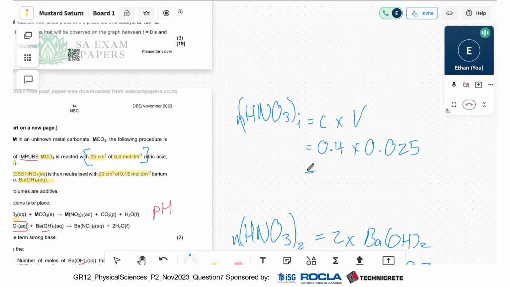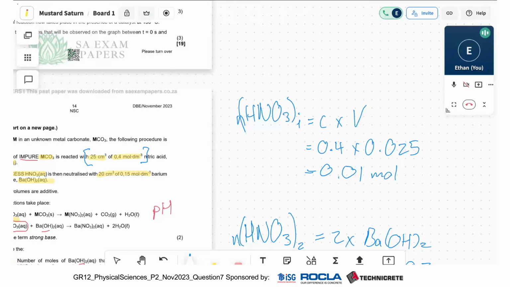Let's use a calculator real quick. 0.4 times 0.025 is 0.01 moles.